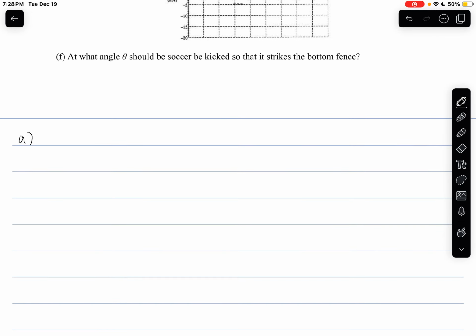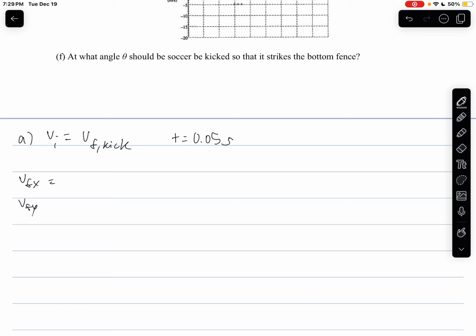So for part A, I know that the VI is going to be the final velocity after the kick. So let me define that. And I know the ball is being kicked for 0.05 second. Let me just establish some values first.